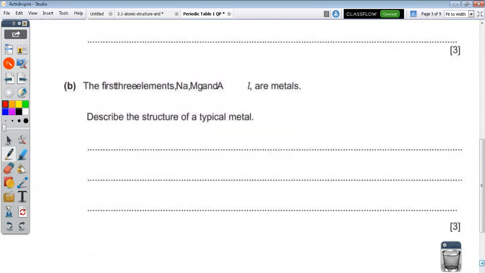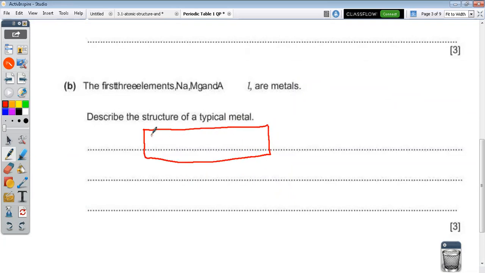The first 3 elements, sodium, magnesium, and aluminum, are metals. Describe the structure of a typical metal. So what's the structure of a typical metal? If you don't know that, you can write that question down there.